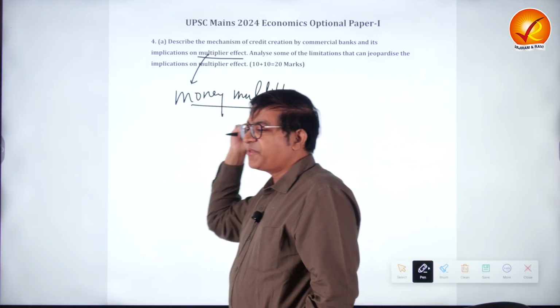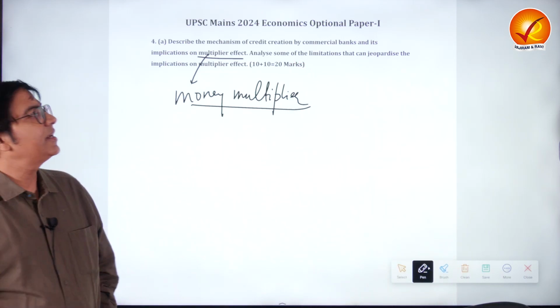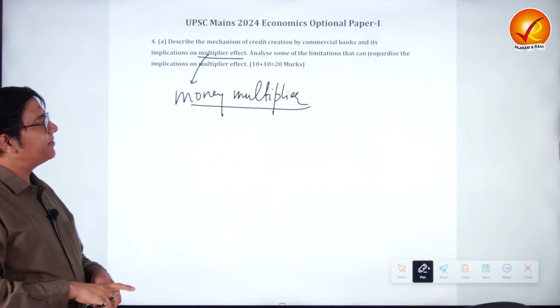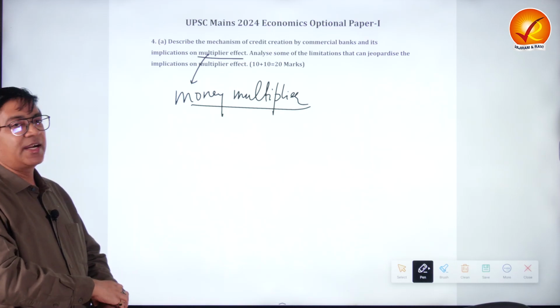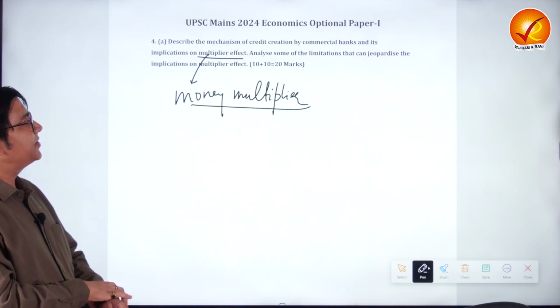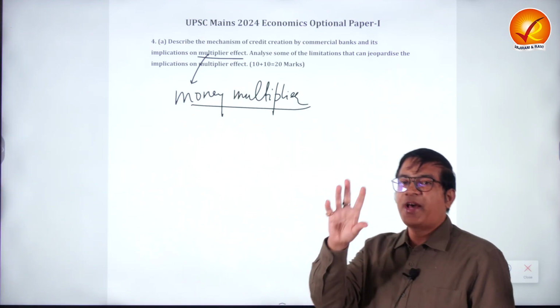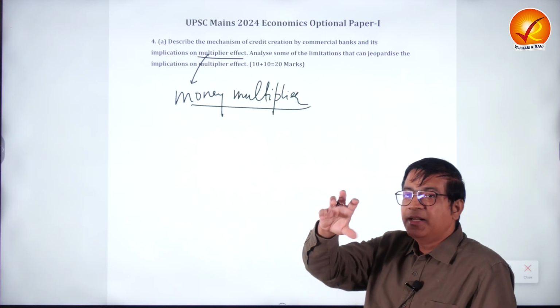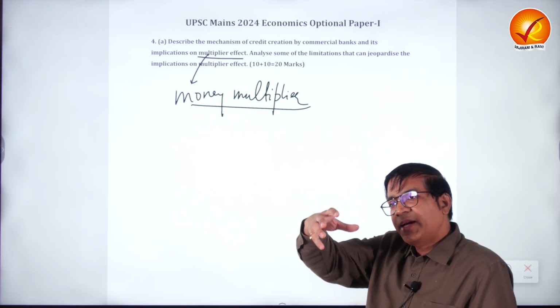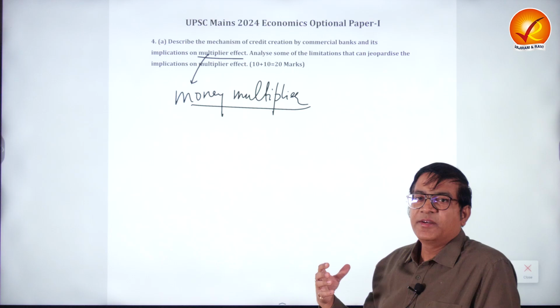There are two ways in which we do multiplier effect. We just take some numerical value of CDR, RDR, etc., the currency deposit ratio, reserve deposit ratio, and then putting those values in the example, we calculate what the money multiplier is.